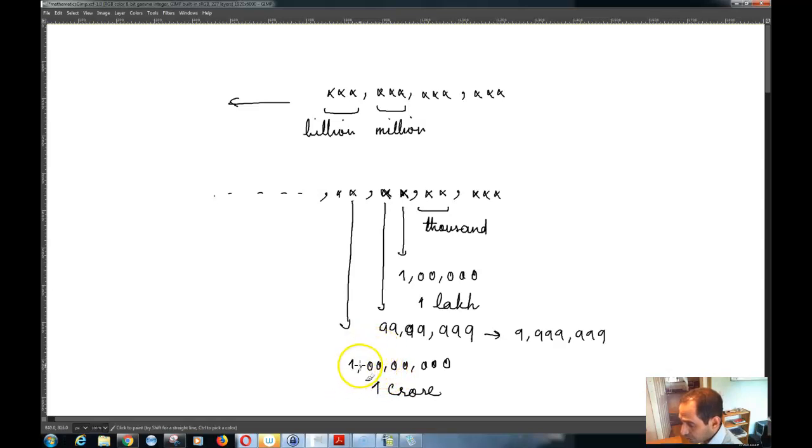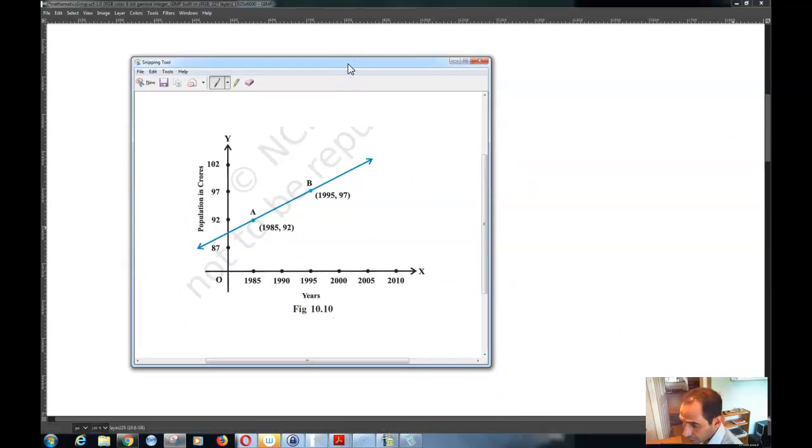So that is the whole story behind 1 crore. Now, what we have over here is the population in crores. For example, 87 crore would be, I suppose, 870 million based on what we said, and so on and so forth.